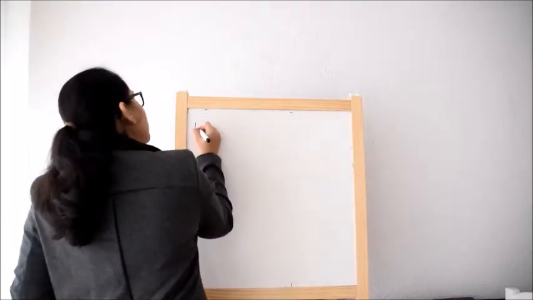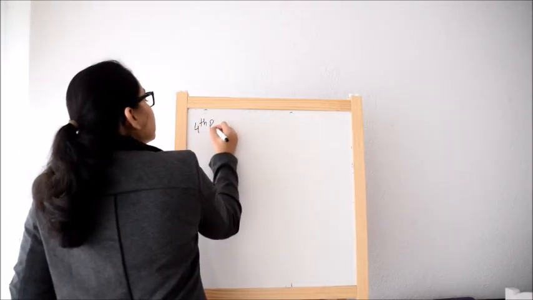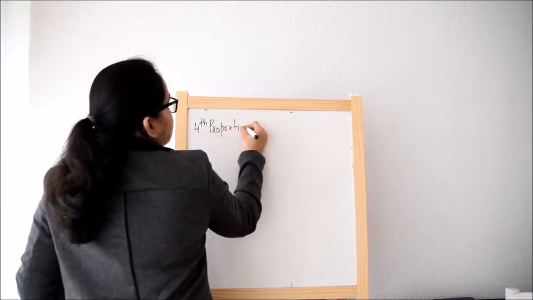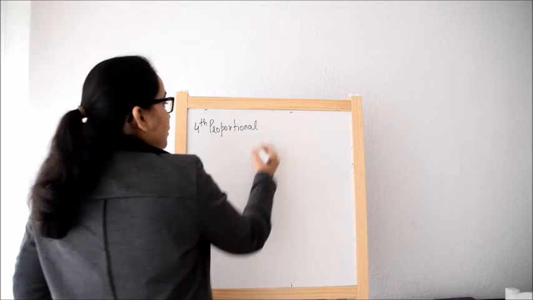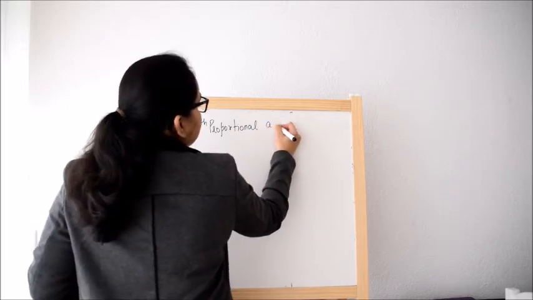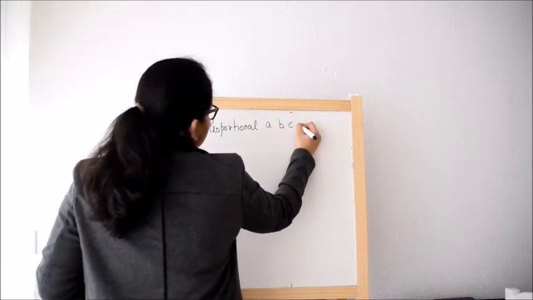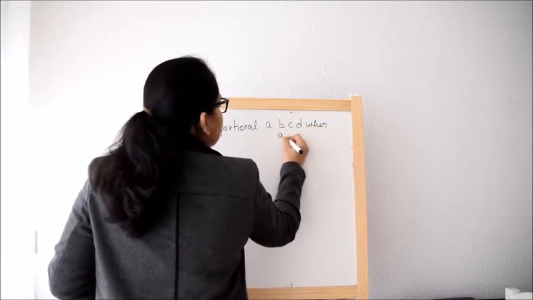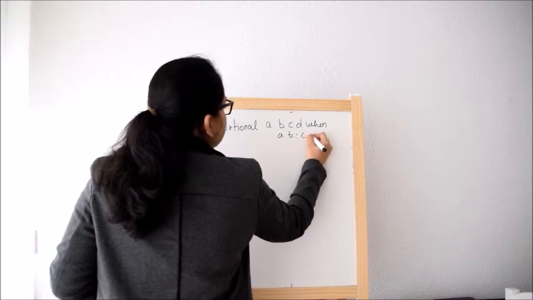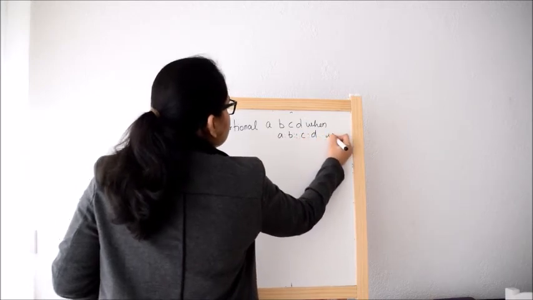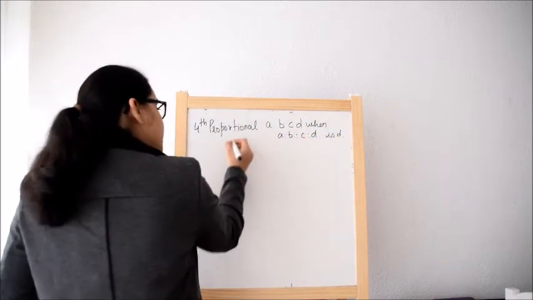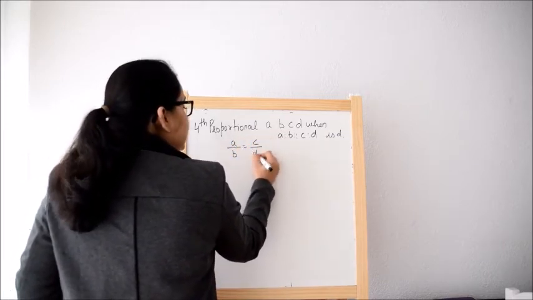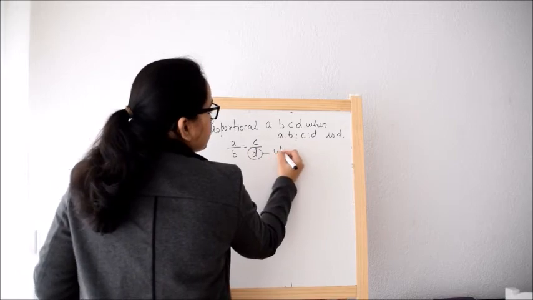Okay, now what is fourth proportion? Fourth proportional of A, B, C when A is to B is same as C is to D is D. Okay, now when you know that A by B is equal to C by D, then D will be the fourth proportional.